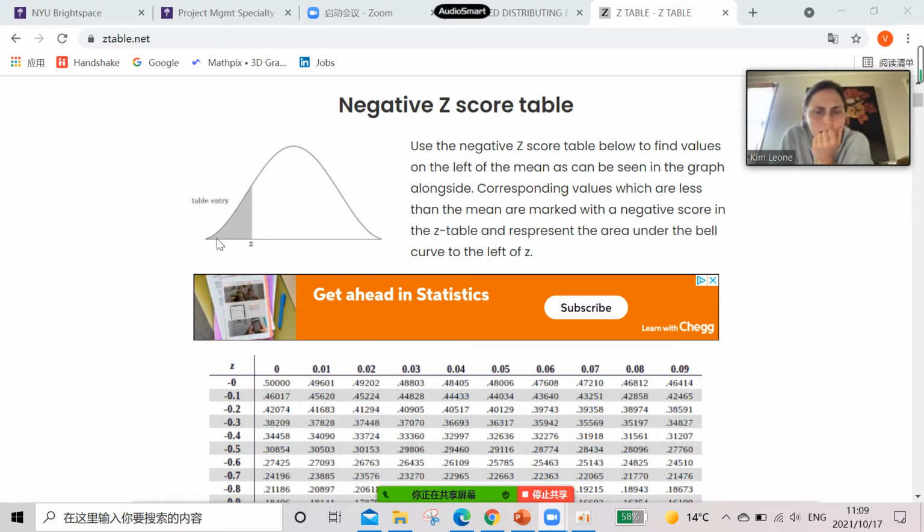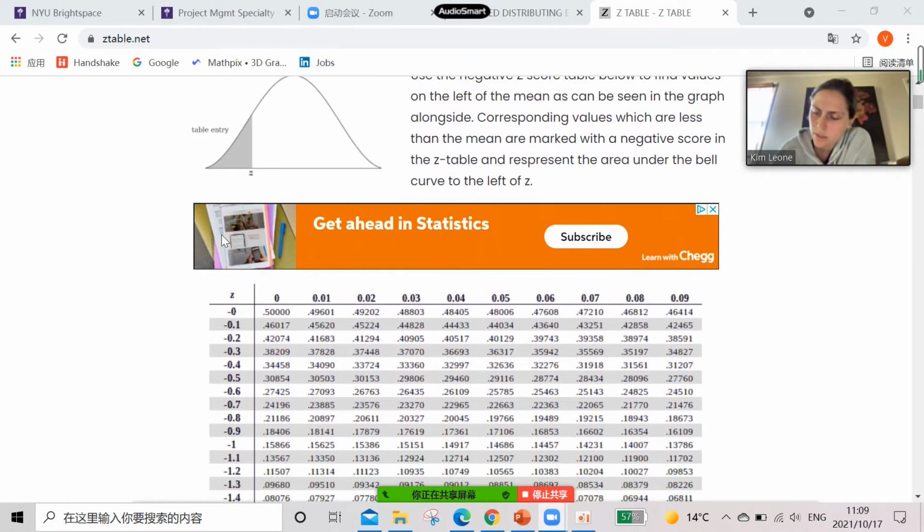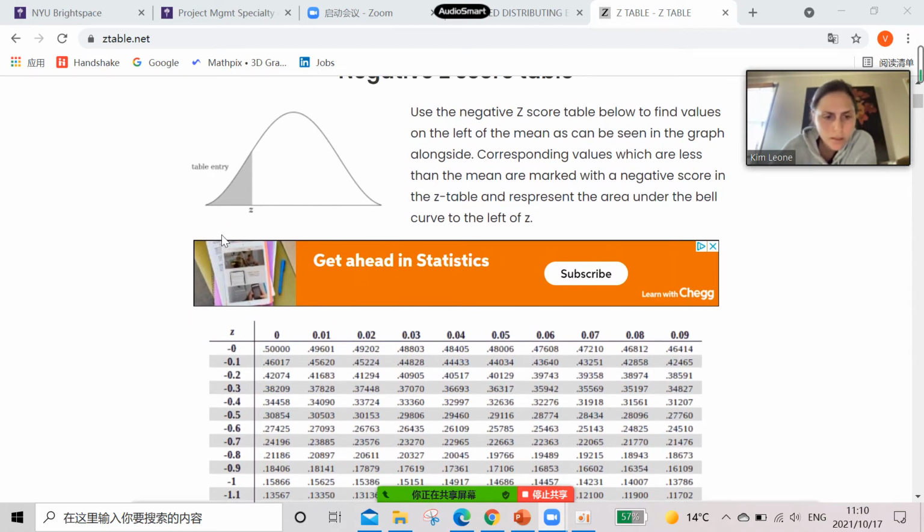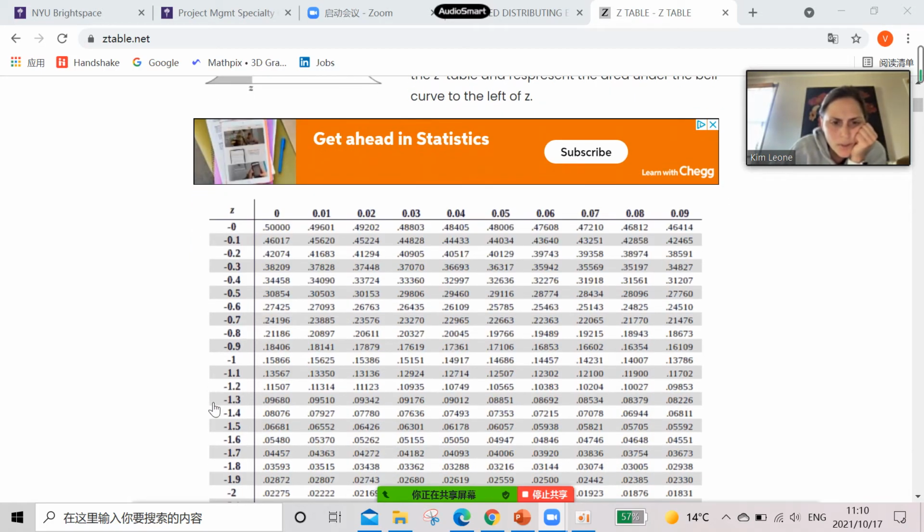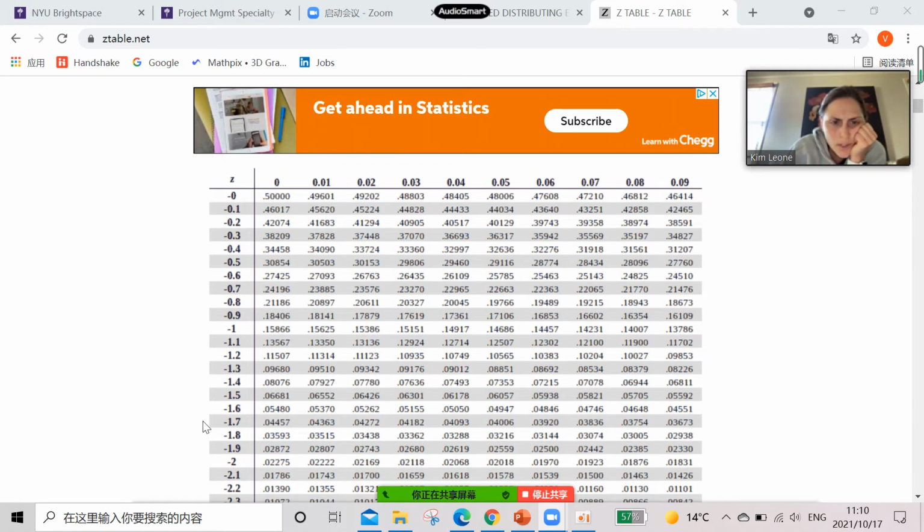That is exactly what you want to find in this question, because you just plug in negative 1.2, and the shaded area is on the left of negative 1.2, something less than negative 1.2. You look at this chart again: 0.11507. That is what you want to find for this question.